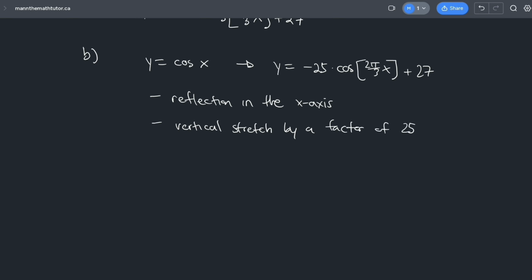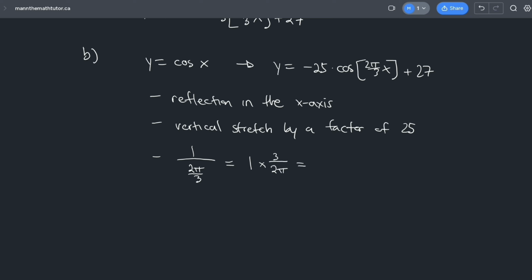The k value indicates horizontal stretch or compression. So if you want to know which one you would correctly pick, you would look at the 1 over k value to see what that outputs. So if we do 1 over 2 pi over 3, that's just basically a division of fractions. So we can take 1, the numerator, and actually multiply it by the reciprocal of the denominator.